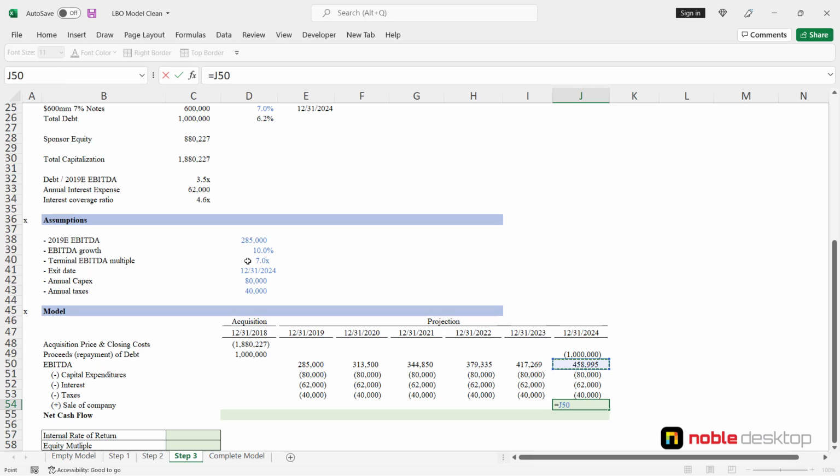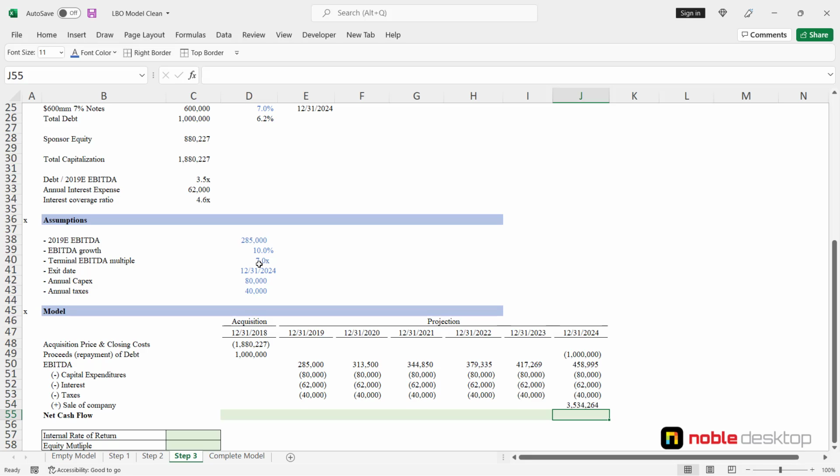My Ebitda for the last year, multiply by 1 plus, I'm going to find my Ebitda growth in the cell D39, and then I'm going to multiply by terminal Ebitda multiple, because I'm selling the company for 7x of Ebitda multiple. That's probably the average for the industry, so that's my assumption, and that's what I'm going to grab here for that formula. Great job. So then my sale of the company will be 3,534,264.